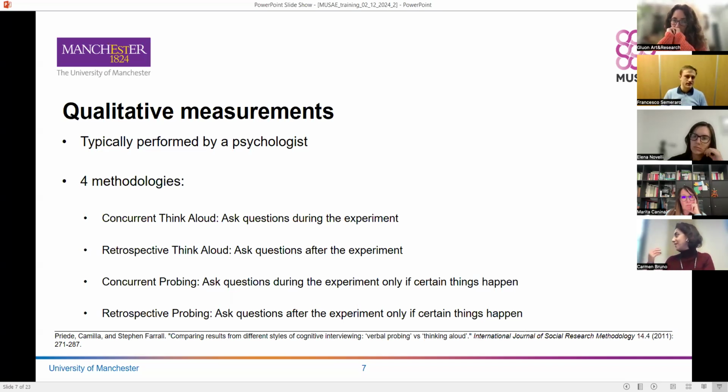So it's not necessarily that you're going to ask these questions. The retrospective probing is the same, but you ask the questions at the end of the experiment, again, relying on people's memory. So these are the main qualitative measurements that you can use for your validation.